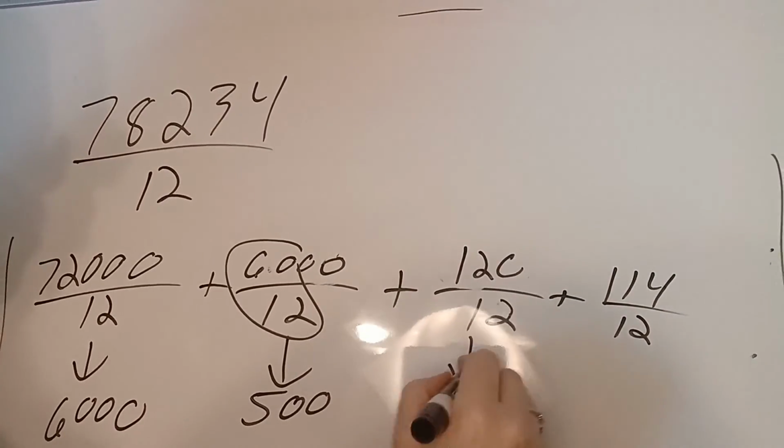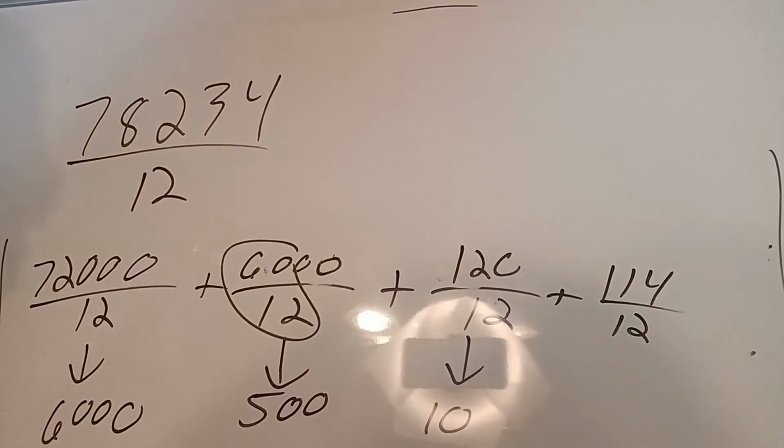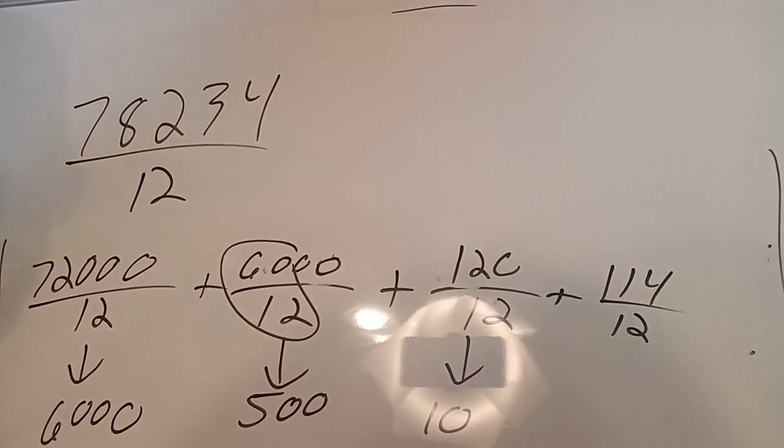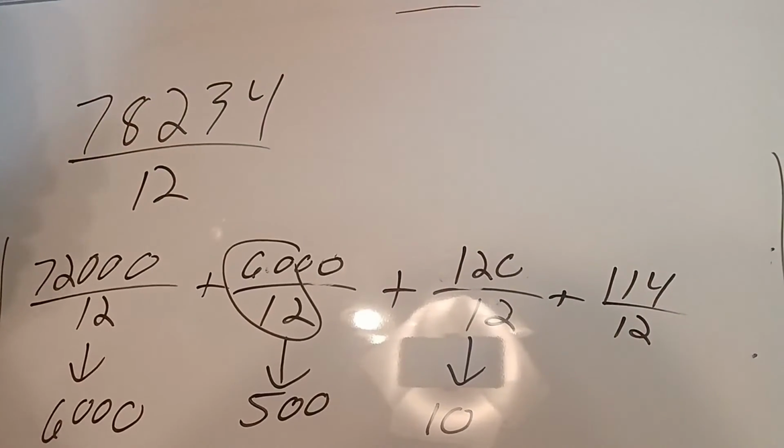All right. 114 divided by 12. Well, 8 gets us most of the way, so let's do 9. All right, 9 times 12, 90, 108.